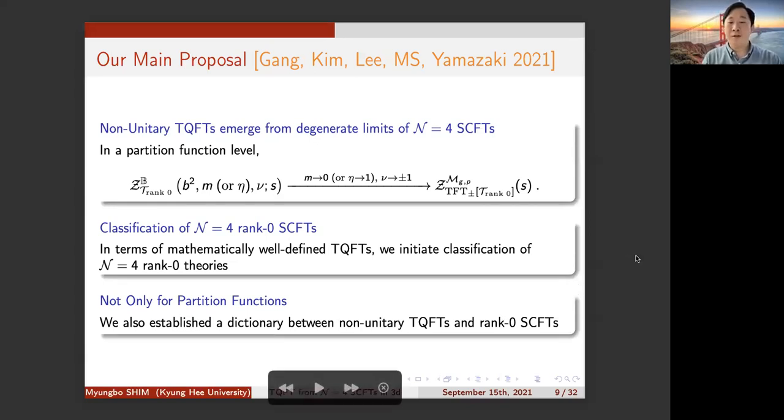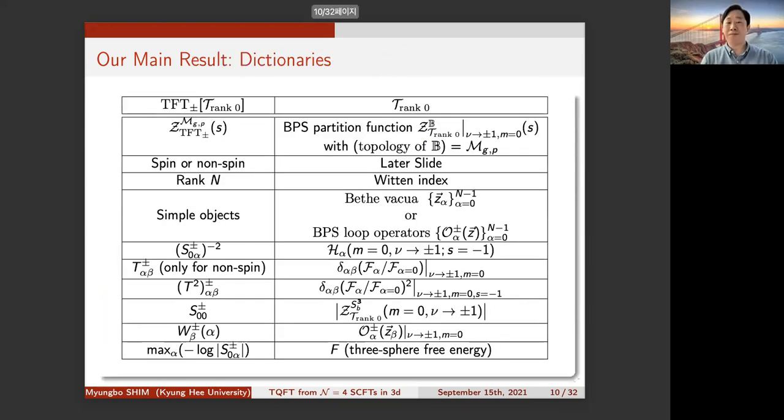And not only for the partition functions, we also established a dictionary between non-unitary TQFTs and rank-0 superconformal field theories. Our dictionary is summarized in this table.